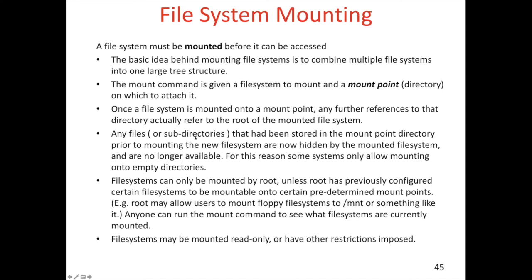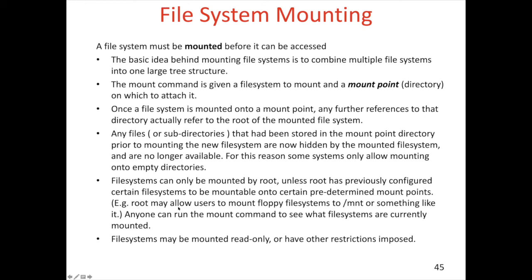Any files or subdirectories that had been stored in the mount point directory prior to mounting the new file system are now hidden by the mounted file system and are no longer available. For this reason, some systems only allow mounting onto empty directories. A file system can only be mounted by root unless root has previously configured certain file systems to be mountable onto certain predetermined mount points.